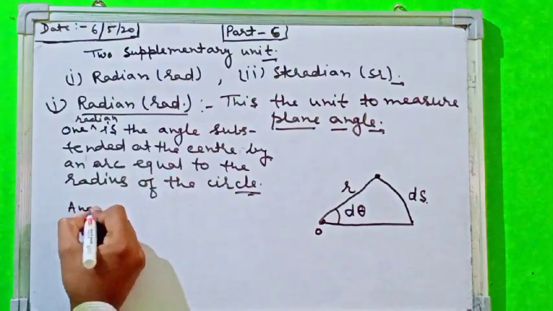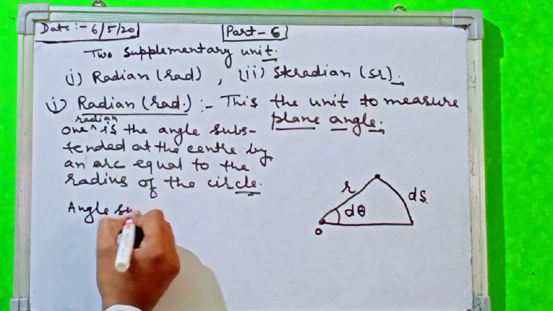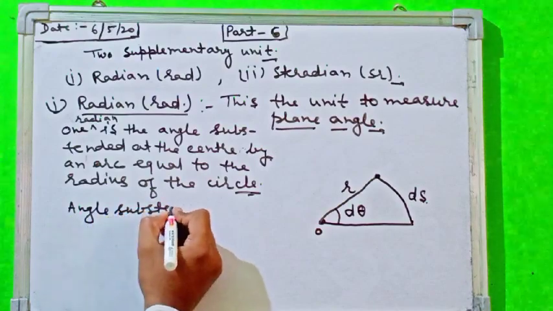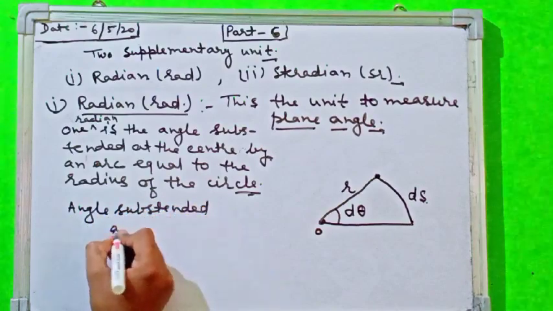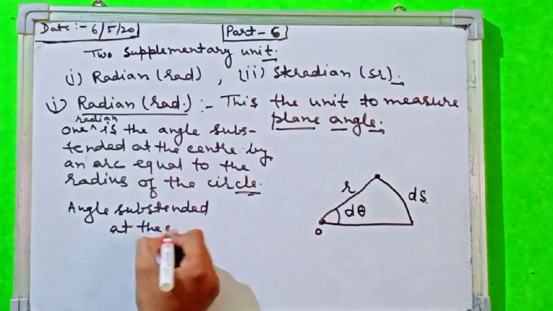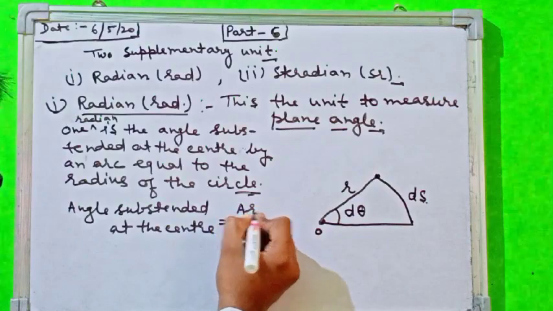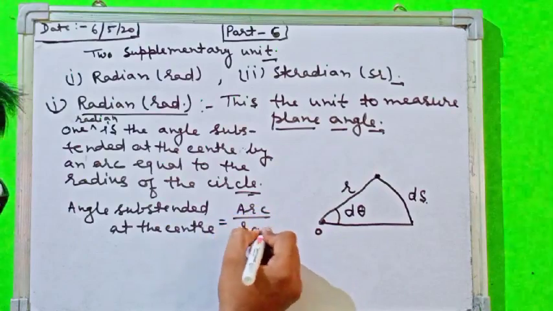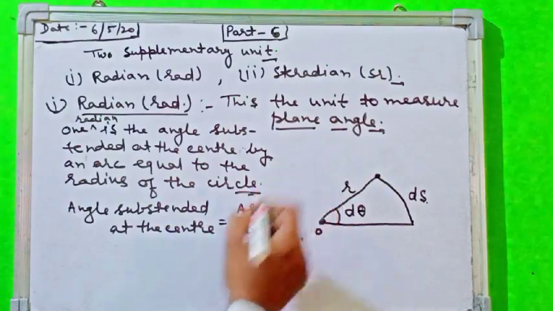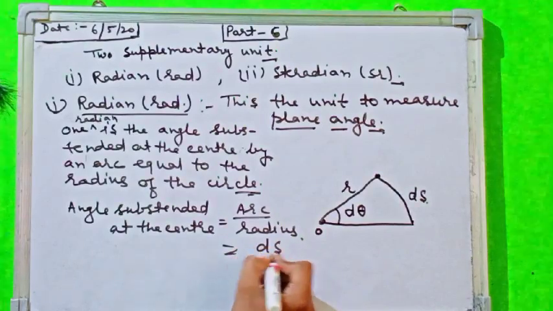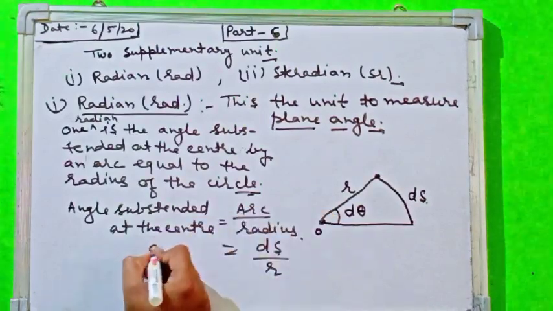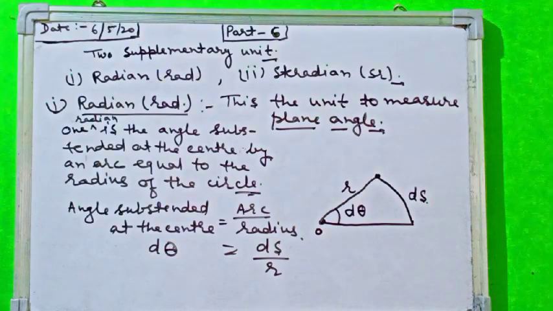Angle subtended at the center is equal to arc upon radius. The value of arc is ds and radius is r, and the angle subtended at the center is d theta.